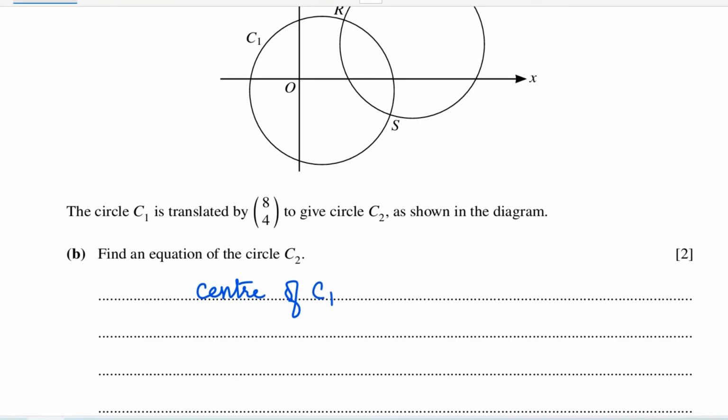Let us translate the center of C1 by (8, 4), which gives the center of the circle C2.